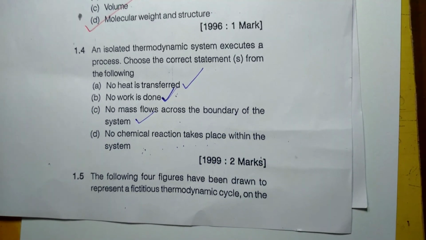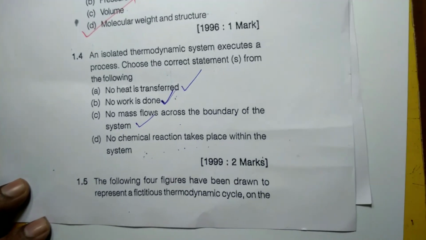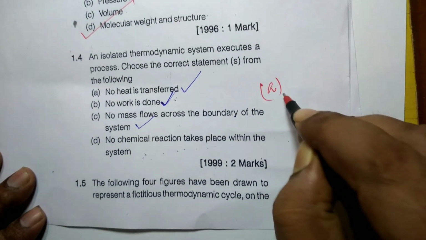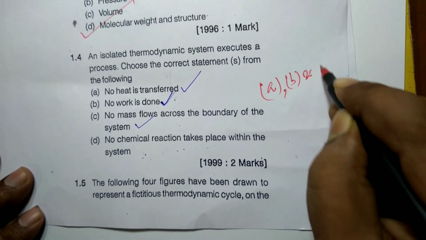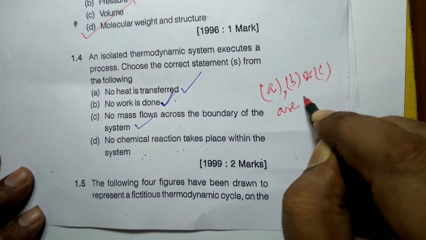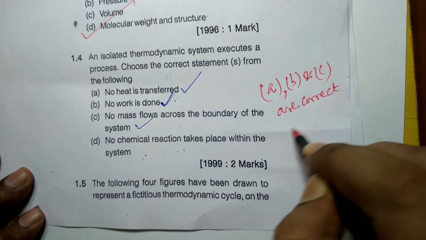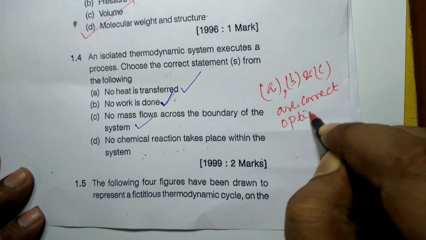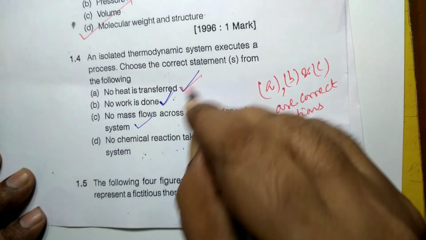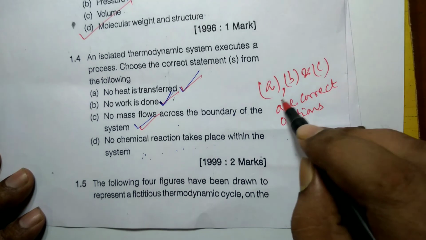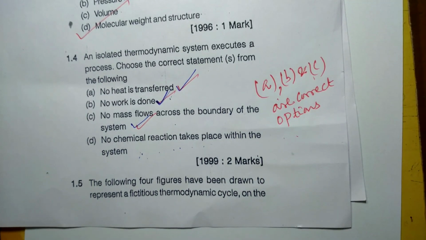So only A, B and C are correct options. So D is not the correct option. So ये सही है, ये सही है. So A, B and C are the correct answers. So that's all.